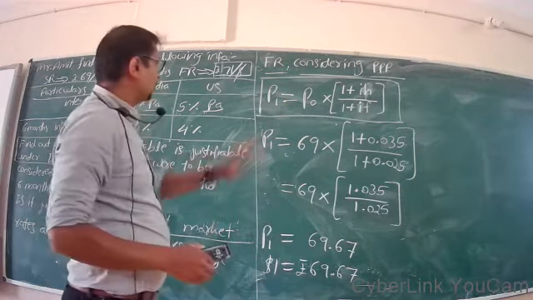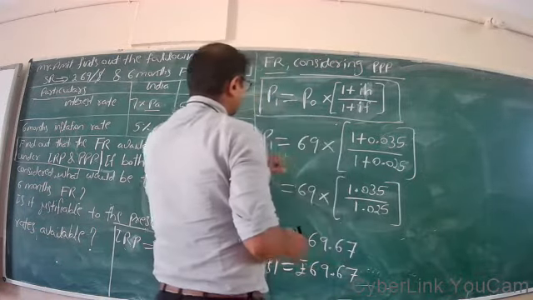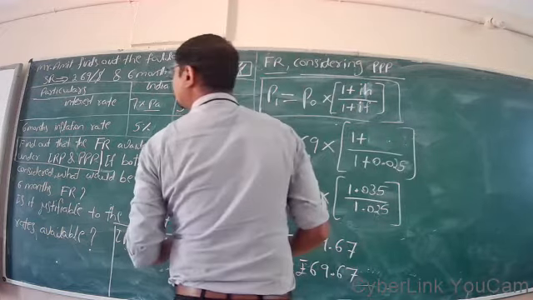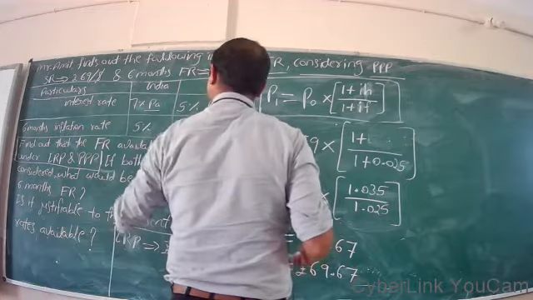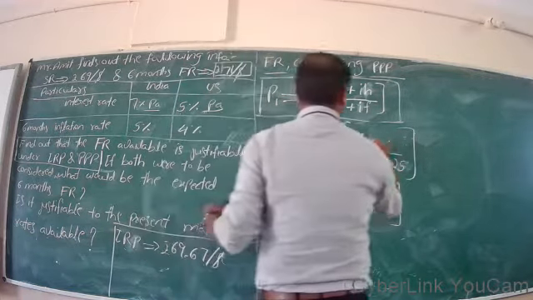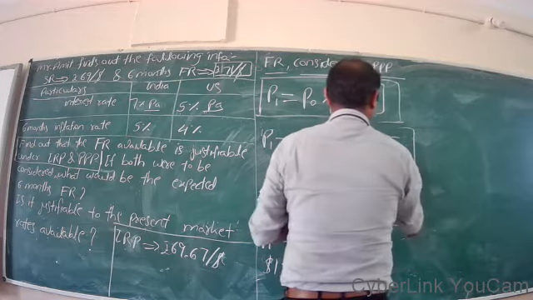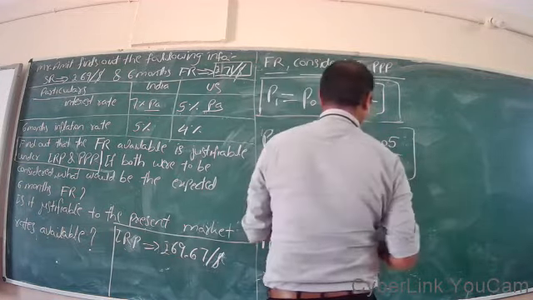So the spot rate given in the problem is 69 per dollar into inflation in India, 6 months inflation rate. It's already given for 6 months only, so no need to calculate again. So 1 plus 0.05 and in US it is 0.04.